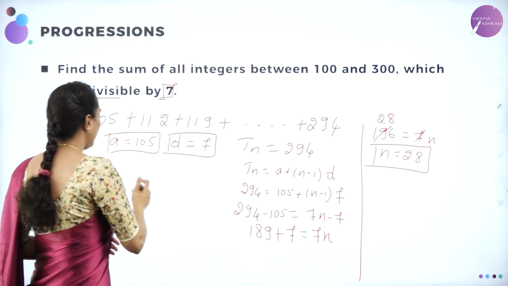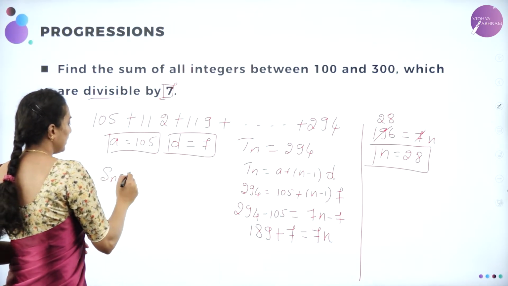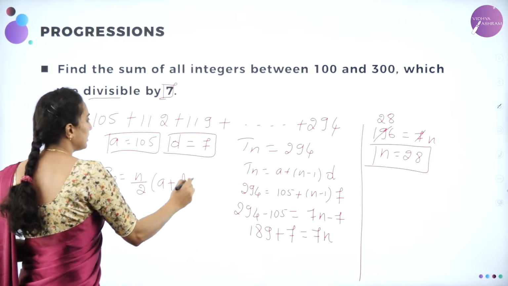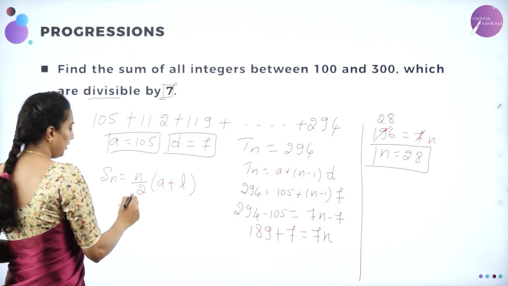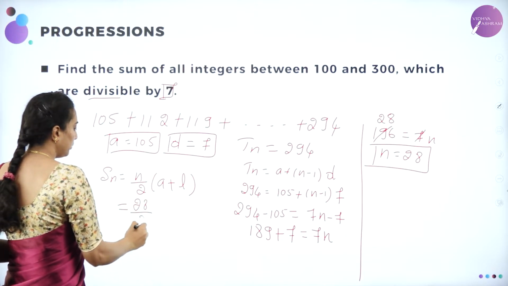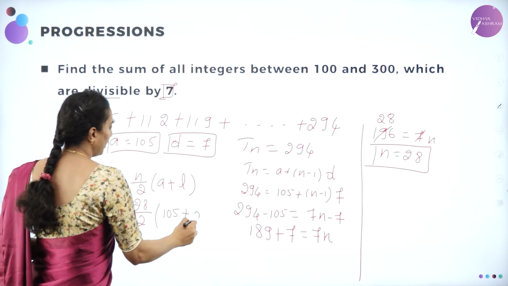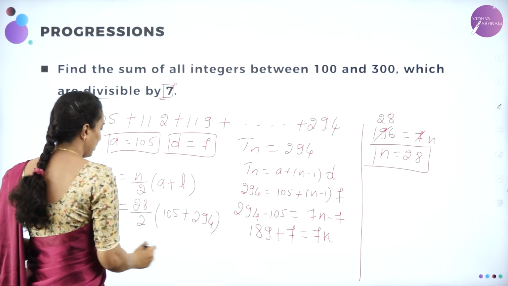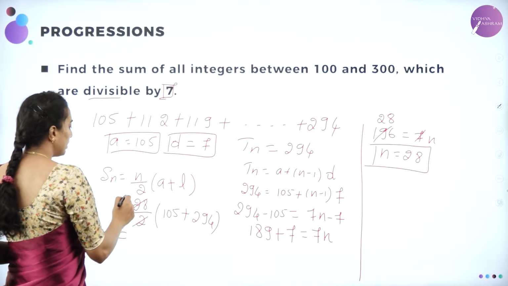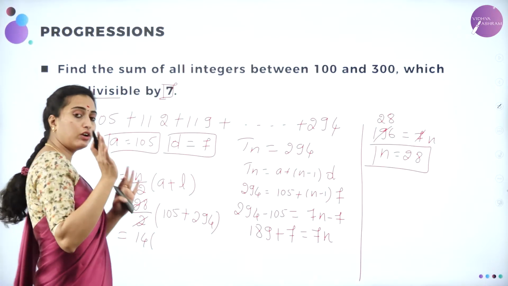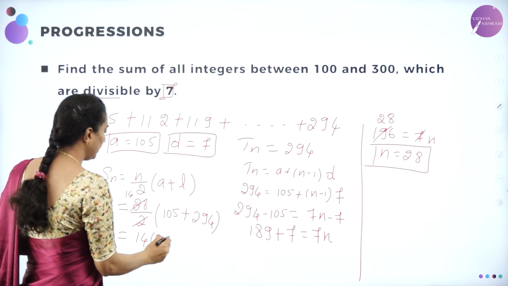Now if n is equal to 28, I can find out Sn. That is Sn is equal to n by 2 into A plus L. L is nothing but Tn. So n we know is 28, divided by 2, A we know 105, plus L we know 294, which implies 14 into 105 plus 294, which is 399.